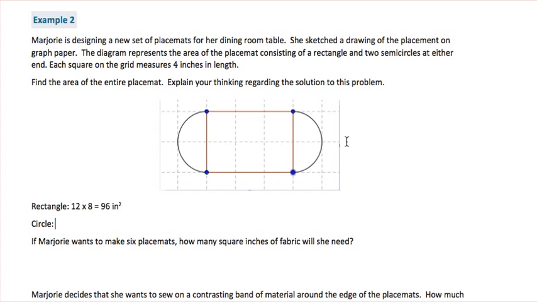So our formula for area of the circle is radius squared times pi, and that radius was 4, so 4 squared, which is 16, times pi, and again, these are inches squared.